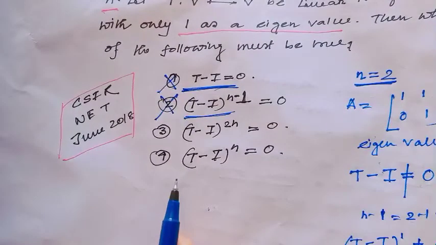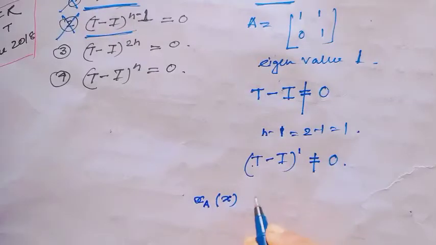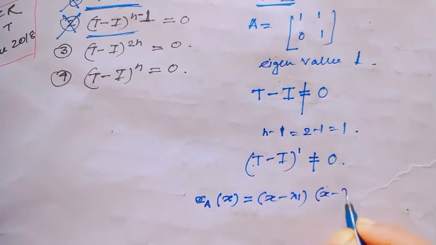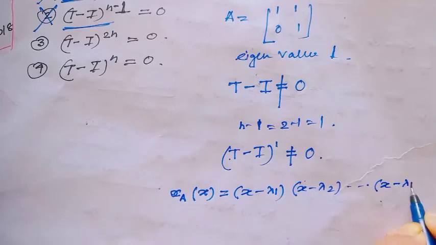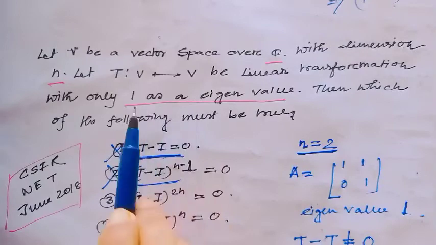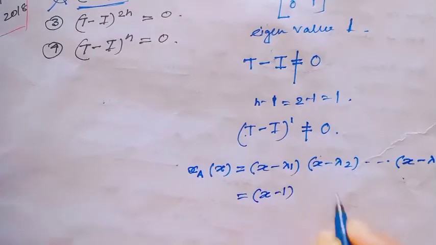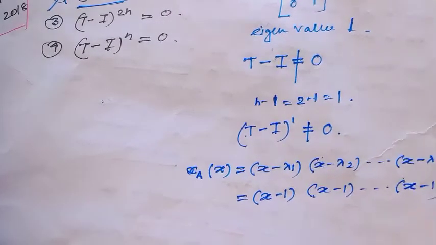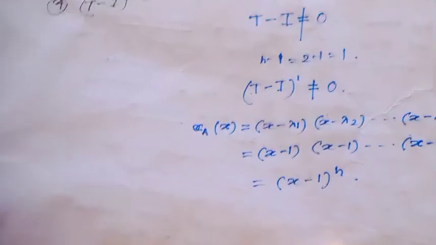Now option 4. We all know the characteristic polynomial is of this type: (x minus lambda 1) times (x minus lambda 2) and so on, continuing to (x minus lambda n). Since the only eigenvalue is 1, this is (x minus 1) times (x minus 1), continuing times (x minus 1), which is actually (x minus 1) to the power n.